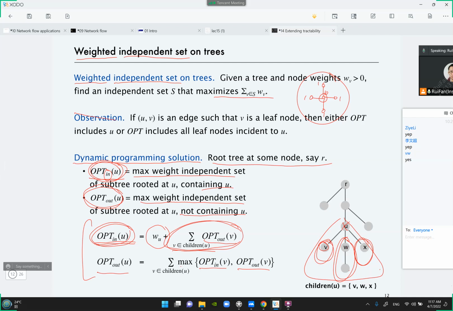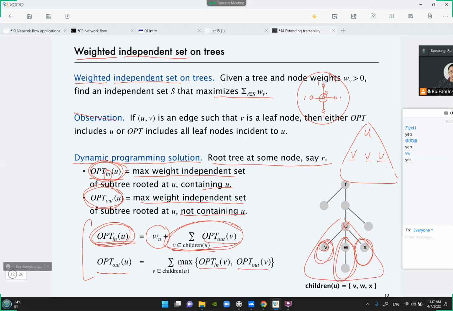So that means that the order that we solve this DP in has to be that if you try to solve for a node u, you must already have the values for all its children already computed.